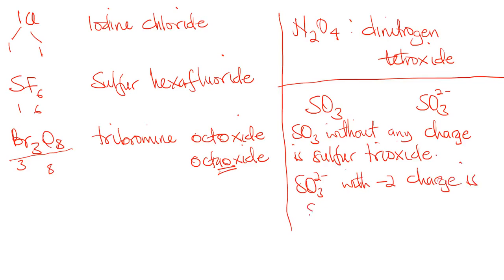is a sulfite. Usually people will confuse the 2. When they see SO3, they will think it is sulfite, but it is not. It is sulfur trioxide. But when you see SO3 2-, that one is sulfite.